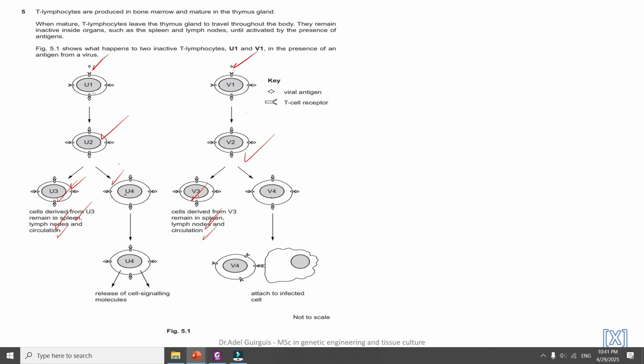While U4, another group of cells from this clonal expansion, starts to release cell signaling molecules, chemicals for communication with other white blood cells. While V4 attaches itself to infected cells and tries to destroy them.